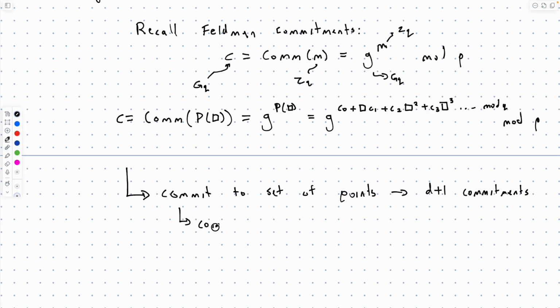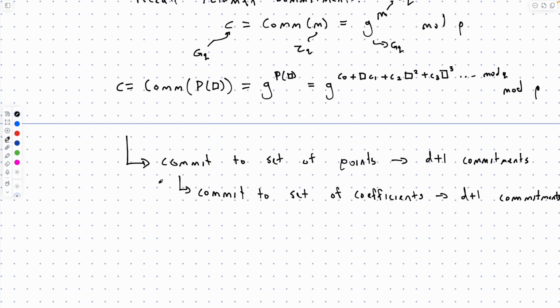Or we could commit to a set of coefficients. Then we would have d plus 1 commitment values. So by committing, you're doing it d plus 1 times, and the number of values c here would be d plus 1.